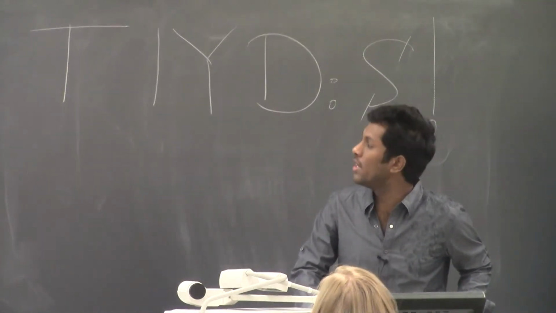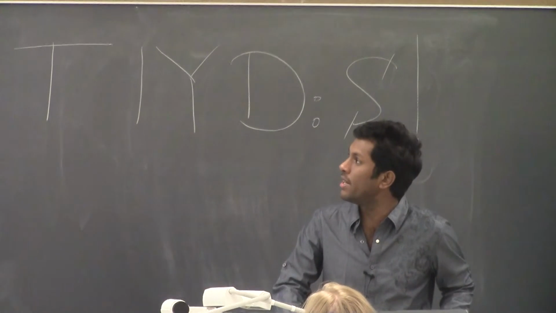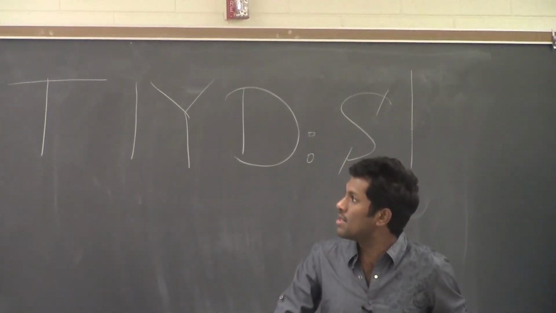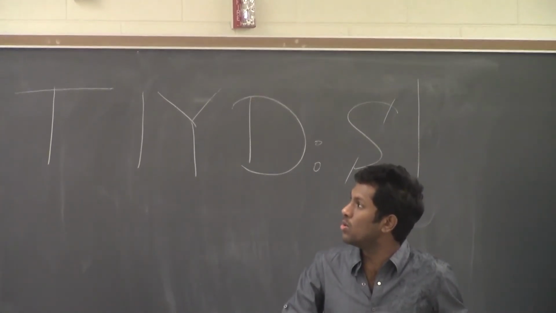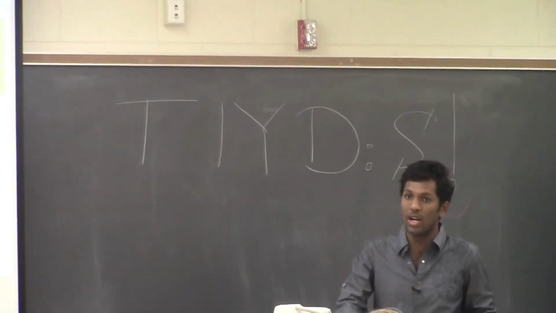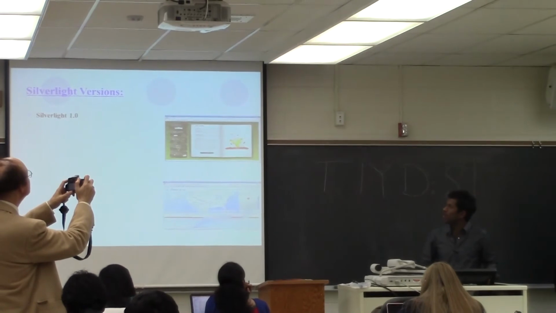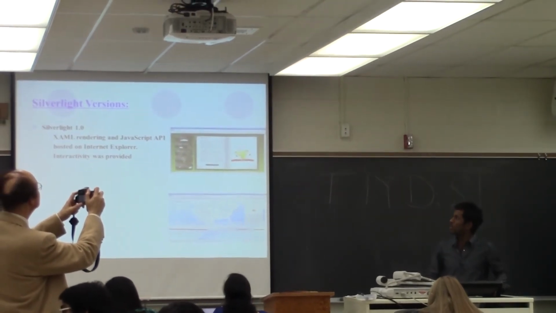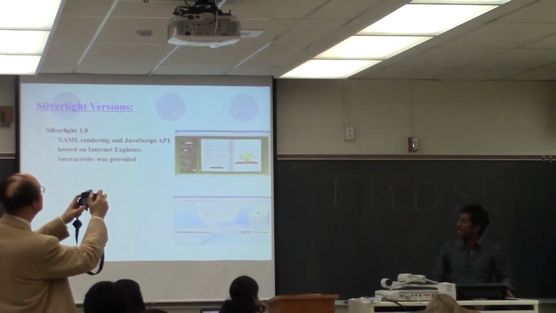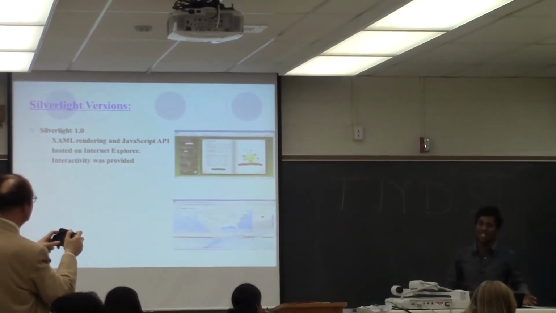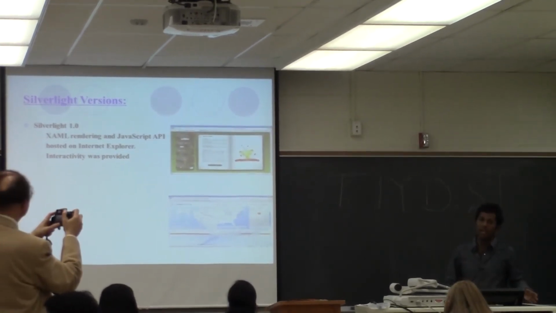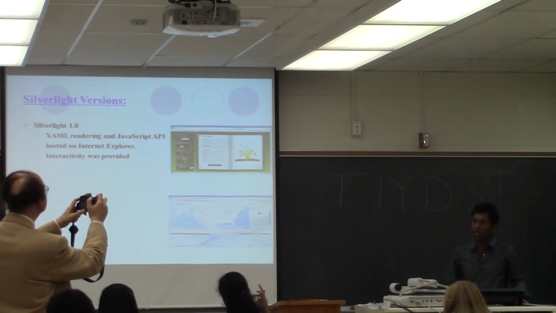Till now we have seen the introduction of Silverlight, its architecture and working, and we are now going to describe the Silverlight versions. We have 5 Silverlight versions. Silverlight 1.0 supports XAML rendering and the JavaScript API, and it can be installed on Internet Explorer.